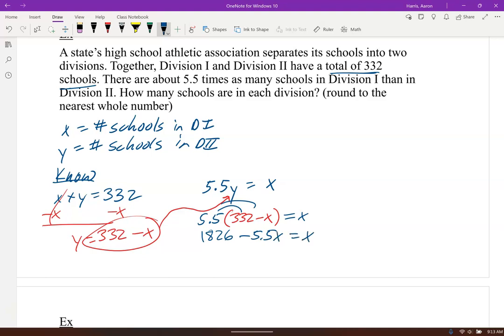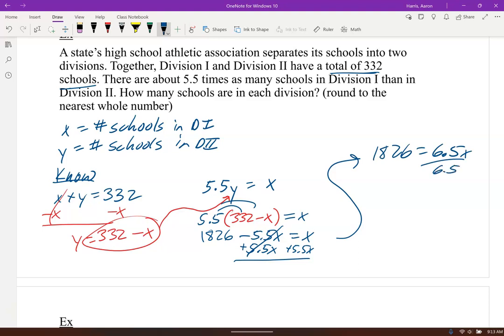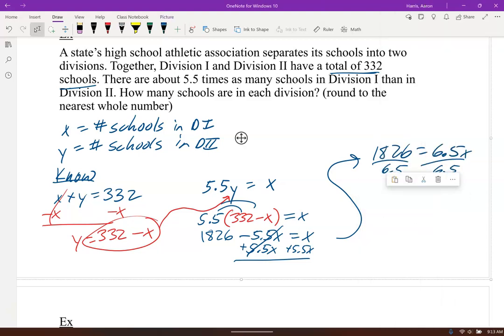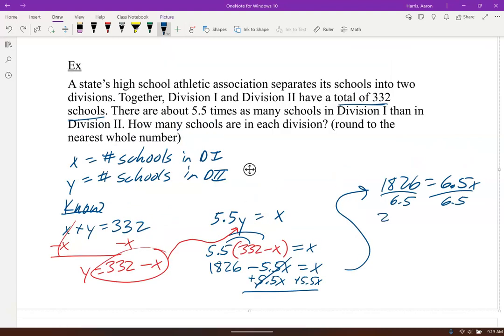Let me get all my x's on one side. Let me take them to the right here. Add 5.5x. So what we have is 1826 equals 6.5x. And now we're going to divide by 6.5 and solve for x. And so it looks like we got 280.9230769 equals x. So we'll just round that to the nearest whole number.